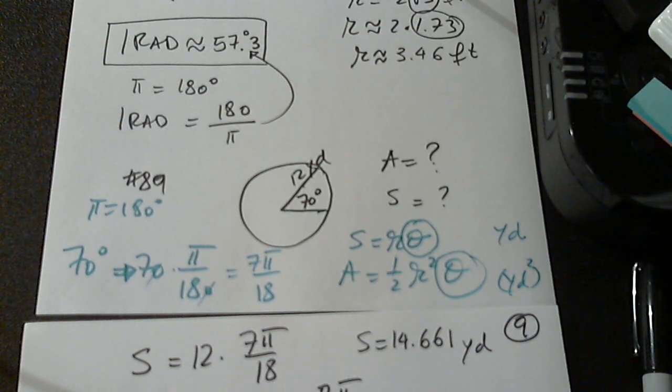So they want 3 decimal digits, the same thing. I'm looking at the 3rd one, but the 4th one is 5 or more. So I have to increase the 4 to 5. So the area is 87.965, and it has to be in squared yards because it's area.